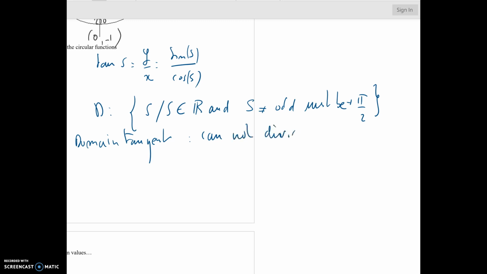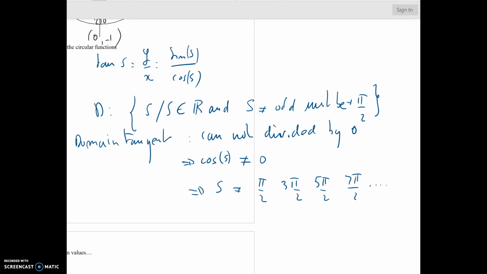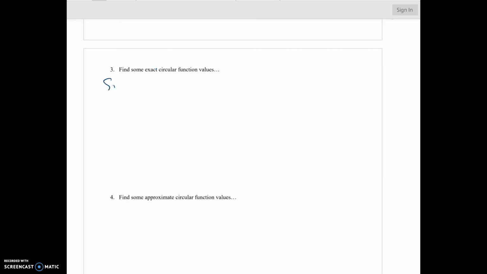That implies that the cosine of s has to be different than 0, so s has to be different than pi over 2, 3 pi over 2, 5 pi over 2, 7 pi over 2, etc.